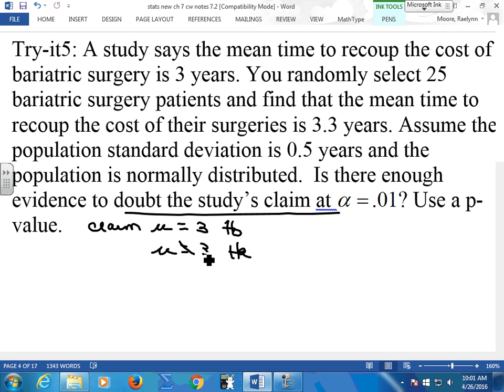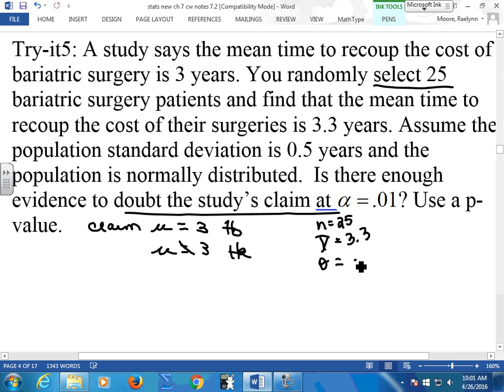Okay, we randomly pulled out our sample. We have 25 in our sample. And we found that their sample mean is 3.3 years. And we found that a previous population standard deviation is 0.5 years. Now, why did they tell us that? Why do we have to look for that the population is normally distributed?